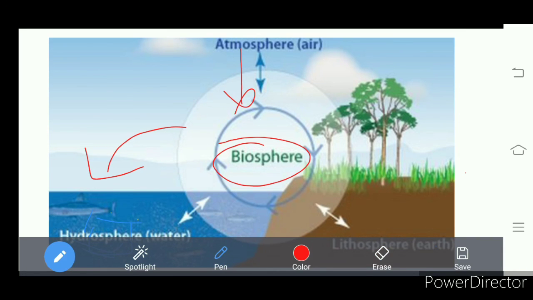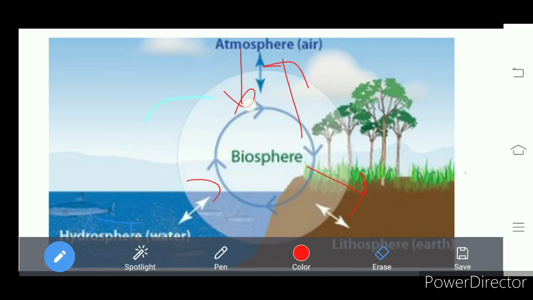The water which is influenced by us will influence us. So we are interrelated and influencing each other. We means here biosphere. Biosphere is influencing the atmosphere, lithosphere, and hydrosphere, and all these realms also influence biosphere, so that these are interrelated and influence each other.